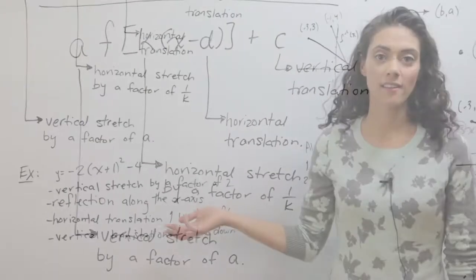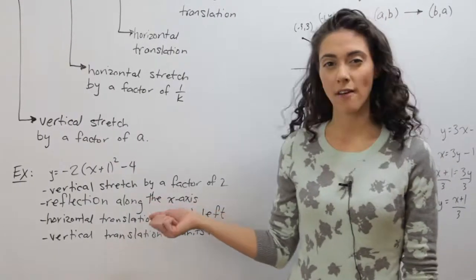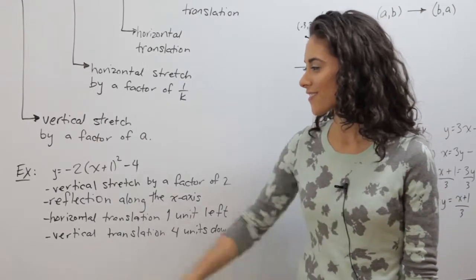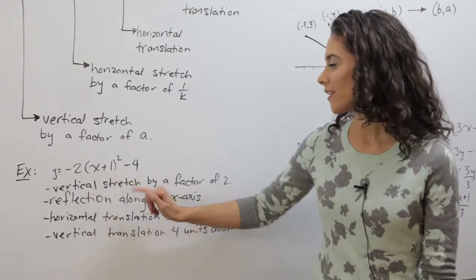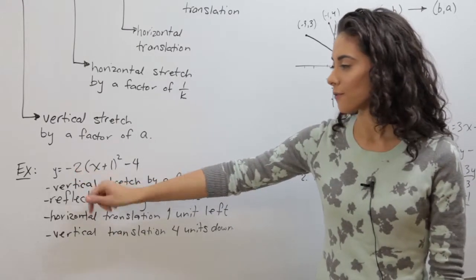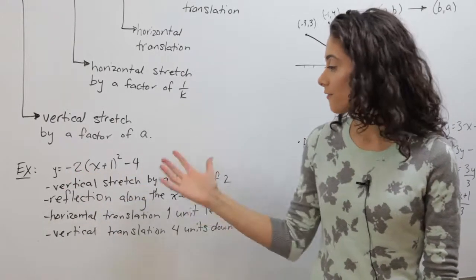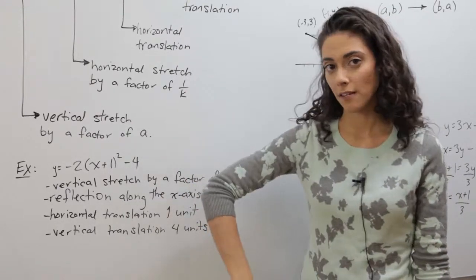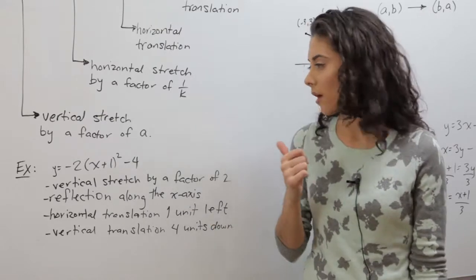For example, a quadratic equation. So we've taken a parabola, the graph of x squared, and we've transformed it using 4 transformations. 1, 2, 3, and 4. This is your a value. It's -2. The negative tells you that it's been reflected along the x-axis. Your positive y values have become negative, and your negative y values have become positive.